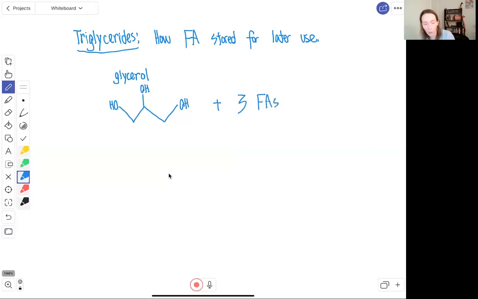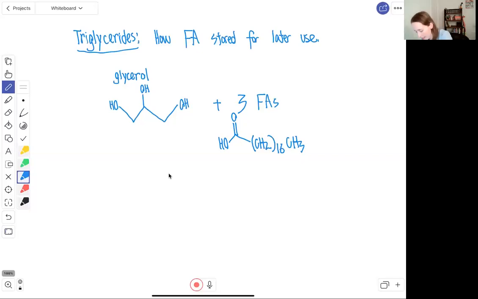And I'm going to illustrate one of these fatty acids. Fatty acids have, by definition, a carboxylic acid group and then a long carbon chain. I'm going to illustrate this long carbon chain here as having a grand total of 18 carbons. 18 is an even number, so that makes sense as a naturally occurring fatty acid.